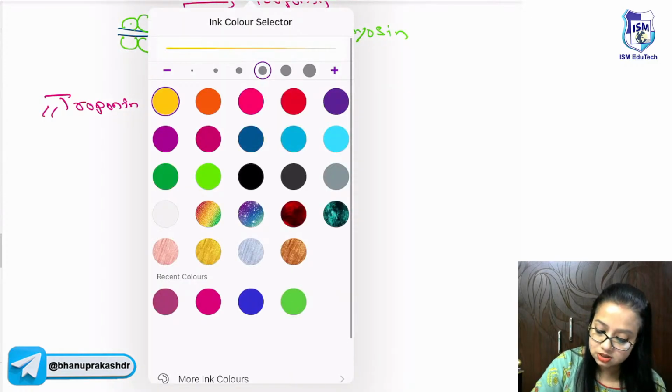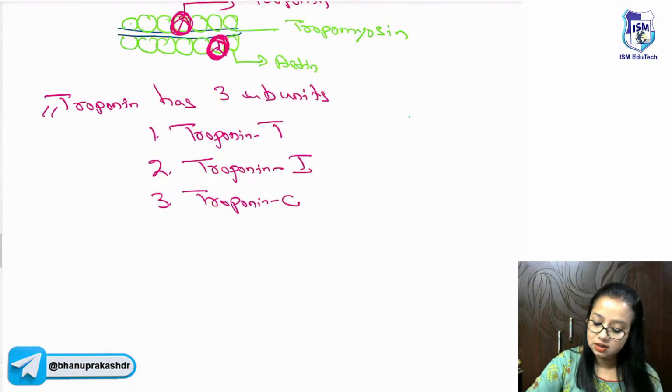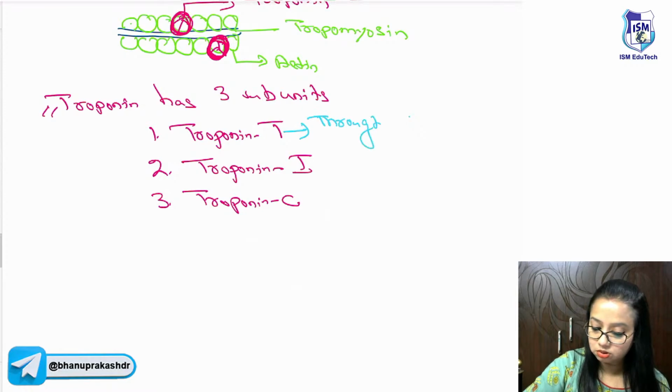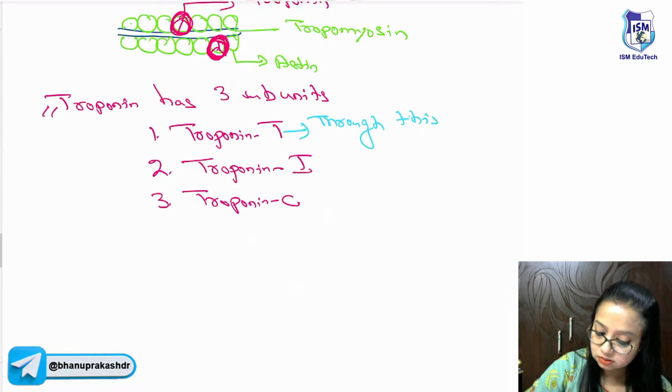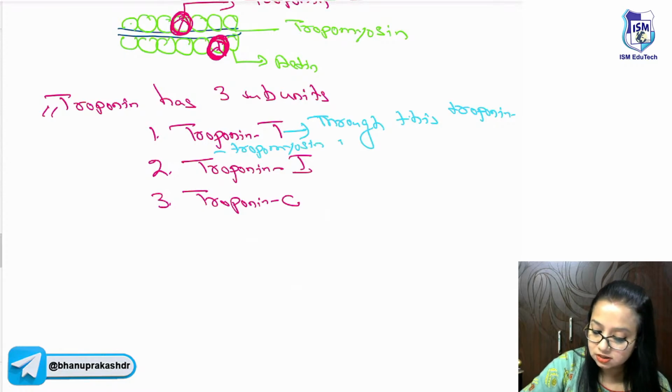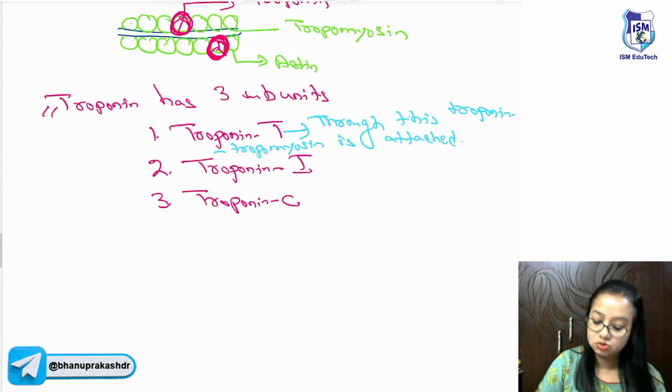Now, through this troponin T, the troponin and tropomyosin are attached. Okay, that is through the subunit, the troponin and tropomyosin are attached.